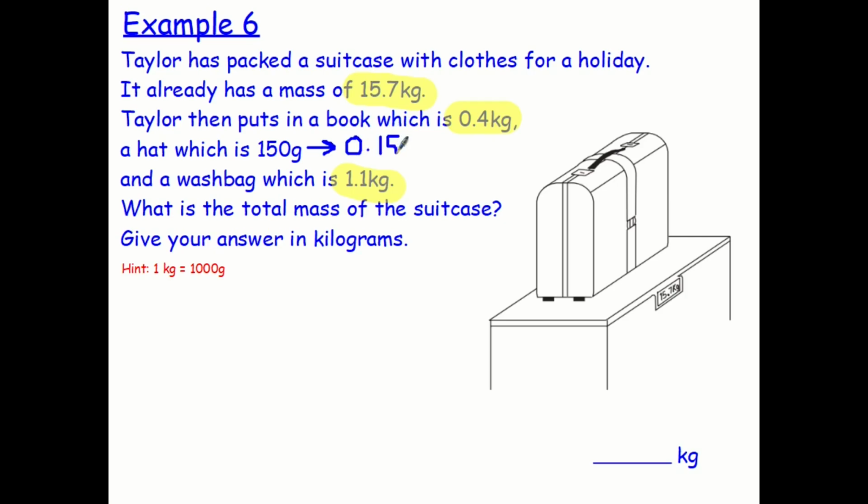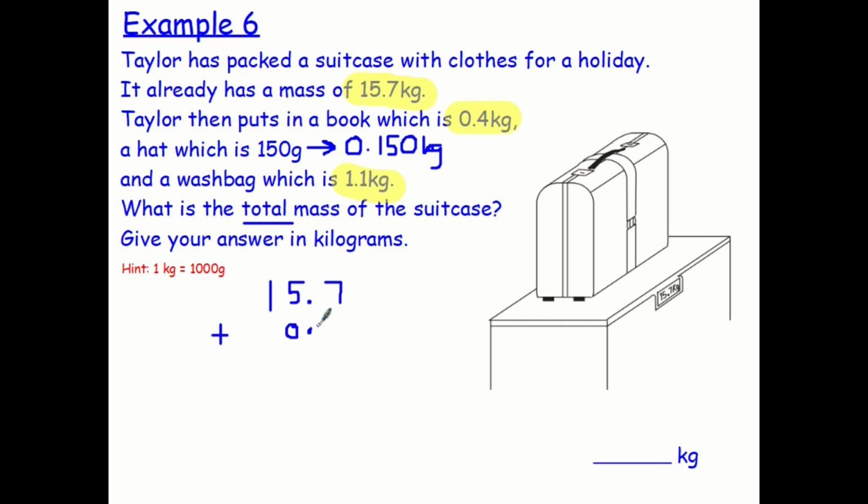You can write it like that, or you could just miss off the 0, it doesn't really matter in this situation. So 0.150 or just 0.15 kilograms. And I've asked for the total mass, so therefore I need to add them all together. So 15.7 plus 0.4.